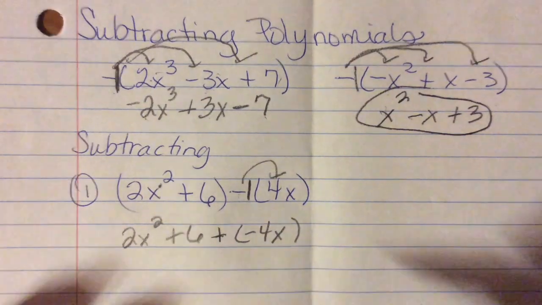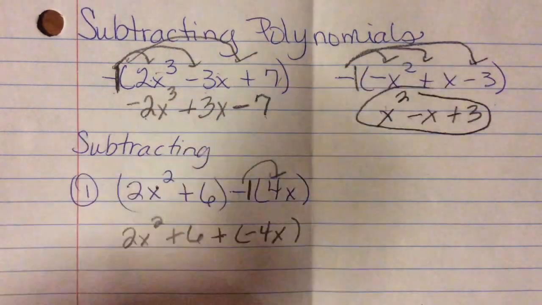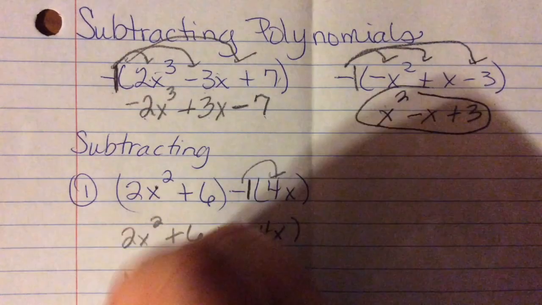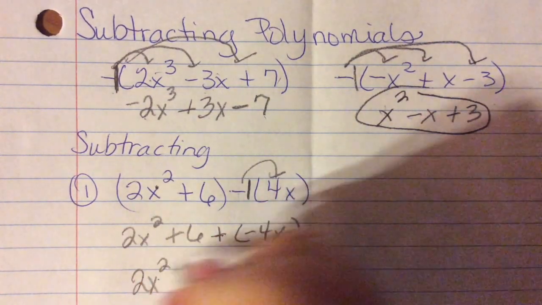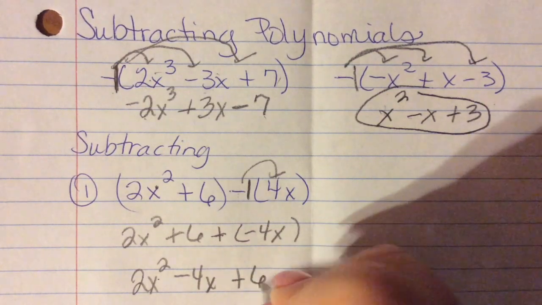Okay, so now we can combine our like terms, or in this case, there's nothing more that can be done here. Okay, so you can rewrite it, and if you rewrite it in standard form, it becomes 2x² minus 4x plus 6.